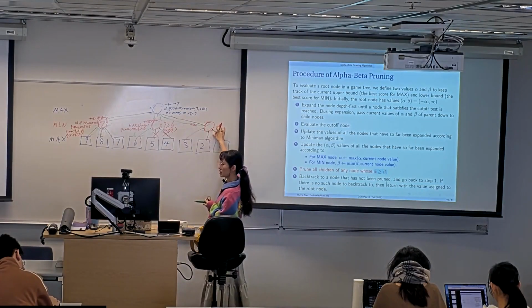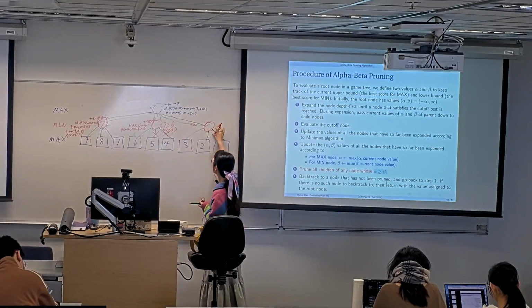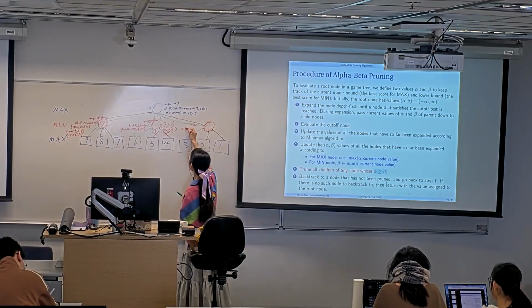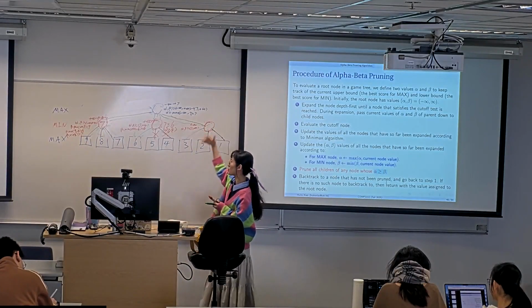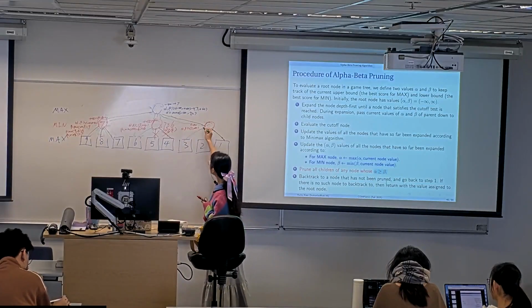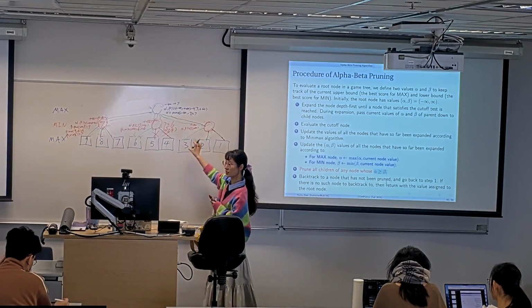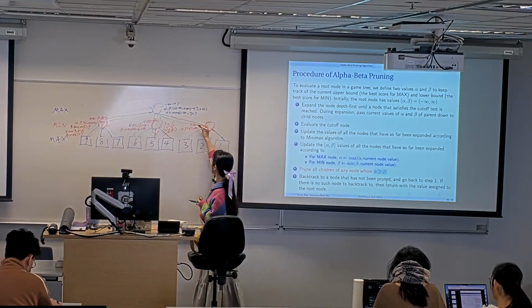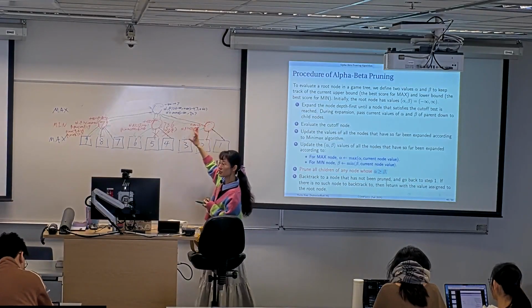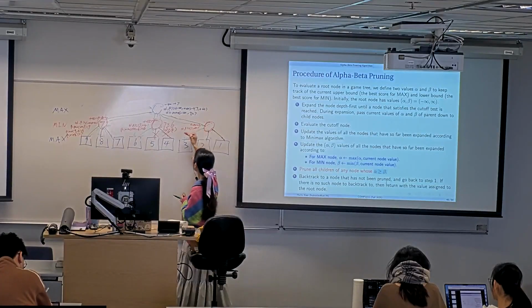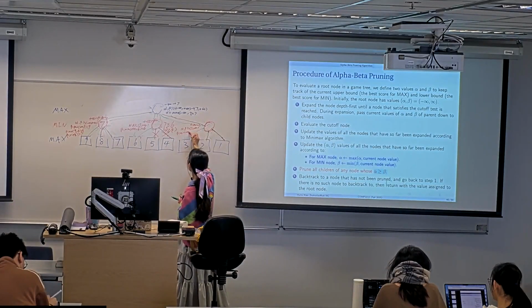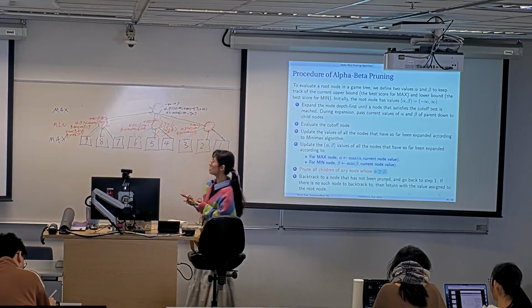After we expand to this node, it accepts the alpha and the beta value from its parent. So now the alpha beta is 7, positive infinity from its parent, the root node, and then we search for this leaf node and backtrack to the min node. So this node will get updated to 3, this value, and now the beta gets updated to the min between positive infinity and 3, which is 3.